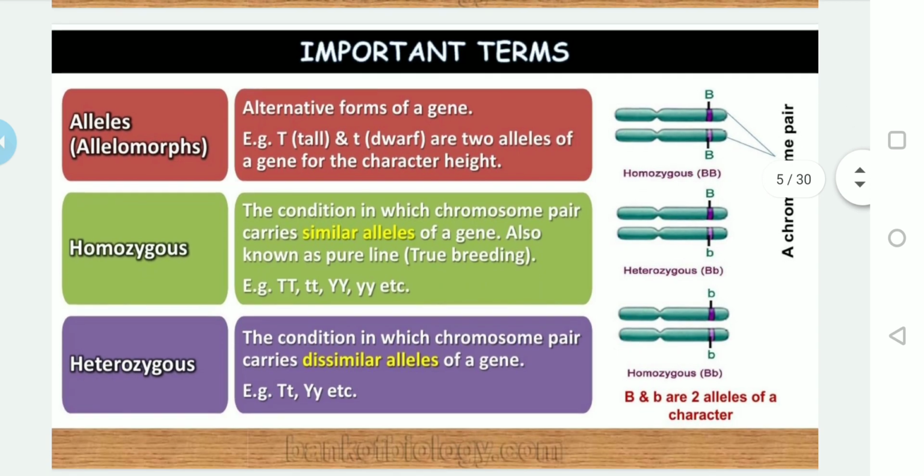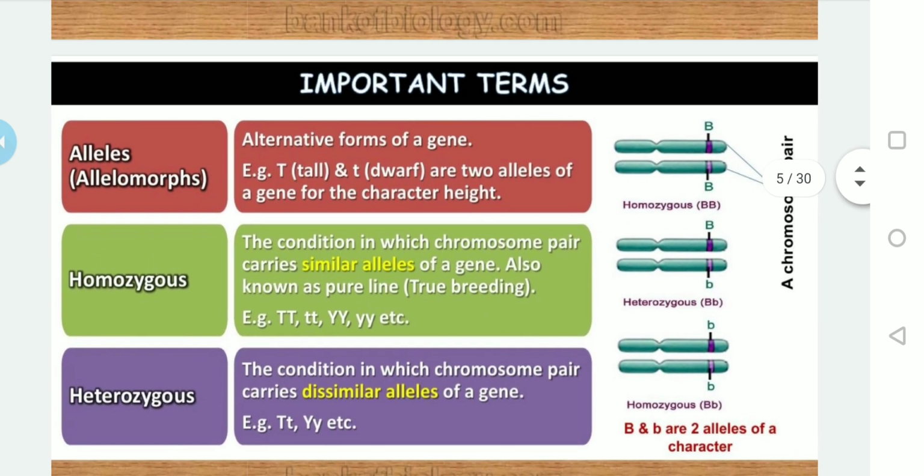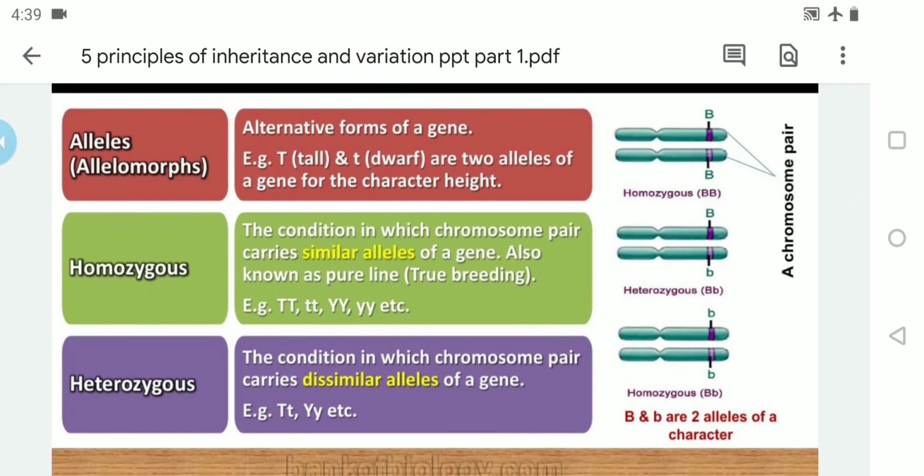Next, what is the meaning of allele? Alleles are commonly known as allelomorphs also. They are the alternative forms of genes.